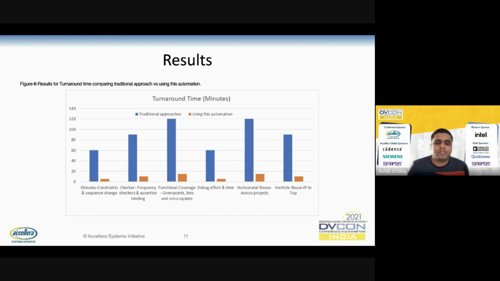On the stimulus collateral front, we don't need to write constraints and sequences manually. Automation is generating this for us. On the checker front, we don't need to bind assertions and frequency checkers manually for all the clock and reset fan outs. On the functional coverage front, we don't need to write the configurations for the PLL, clock divider, clock gate, and soft reset related configurations. By using this methodology, we could reduce the debug effort and time significantly.